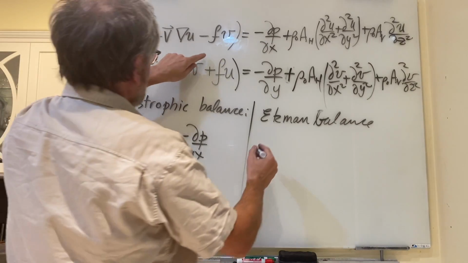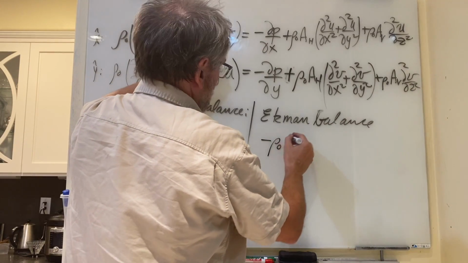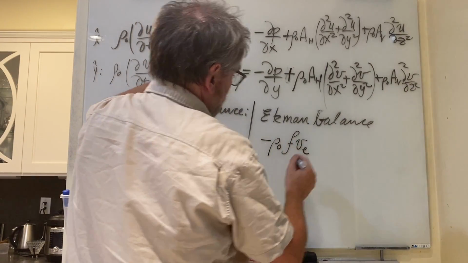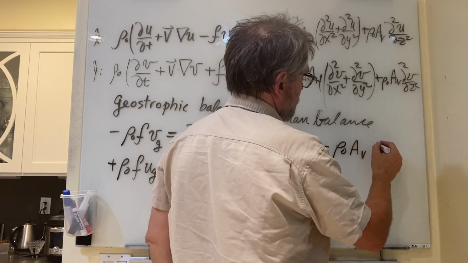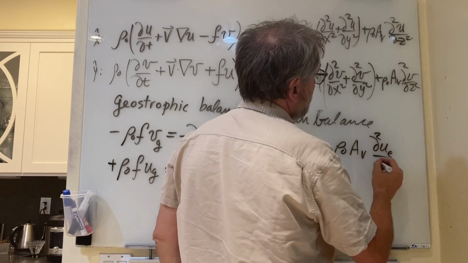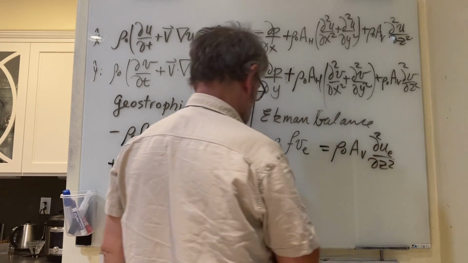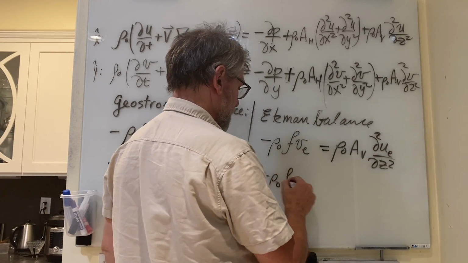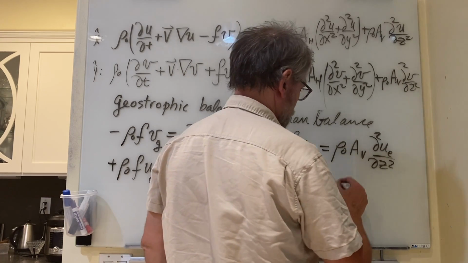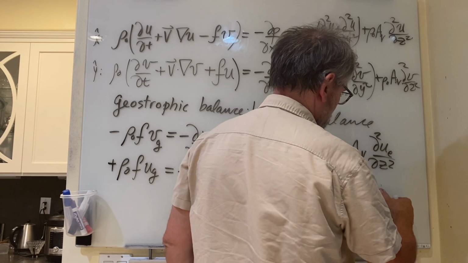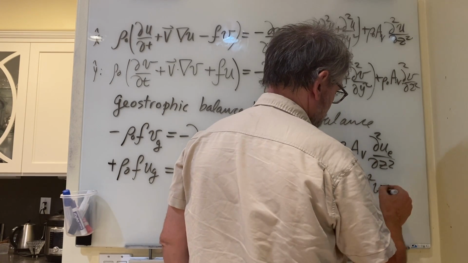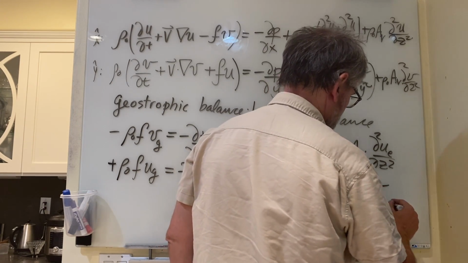So what we have is minus rho naught f v Ekman is equal to rho naught A_V d2u Ekman/dz squared, and plus rho naught f u Ekman is rho naught A_V d2v Ekman/dz squared.